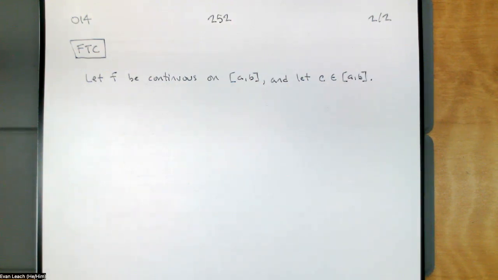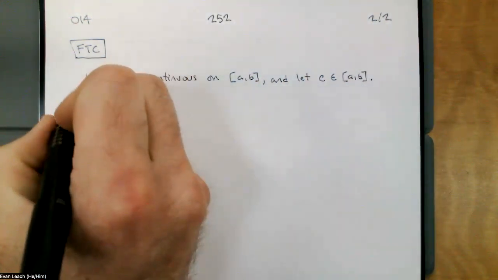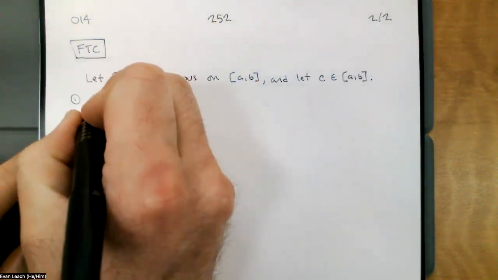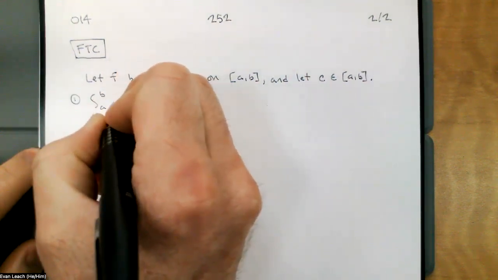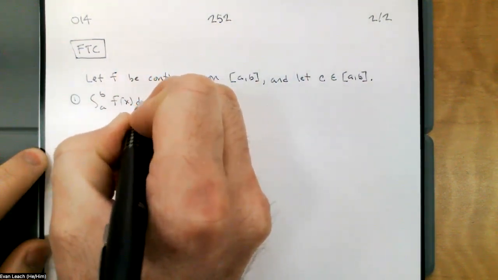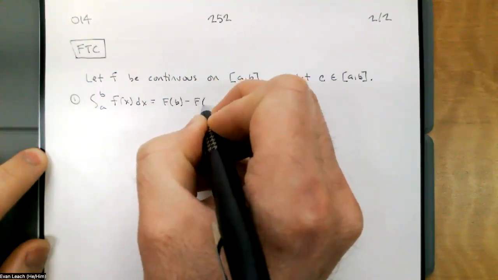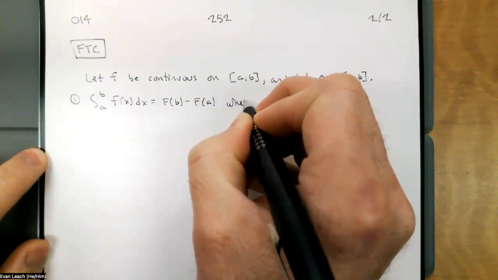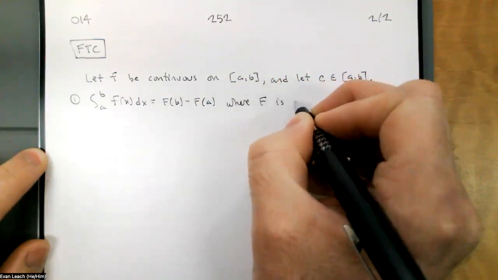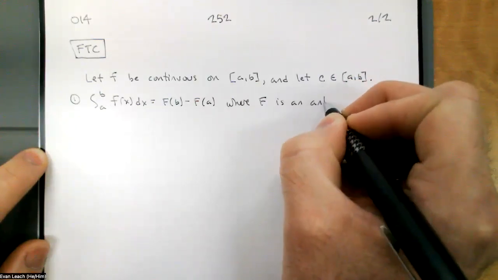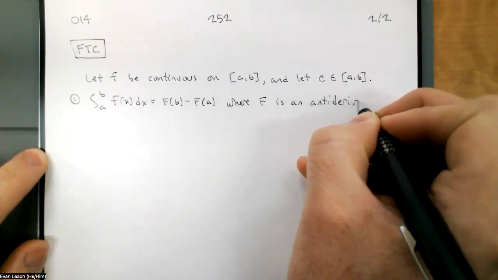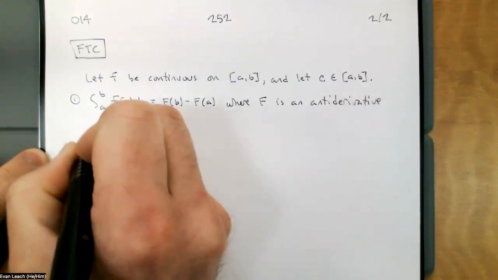There are 2 parts to our fundamental theorem of calculus. And it's cool because it involves 2 elements. And it's just that this goes both ways. First part. The definite integral from A to B of f of x dx is capital F at B minus capital F at A, where capital F is an antiderivative of f.